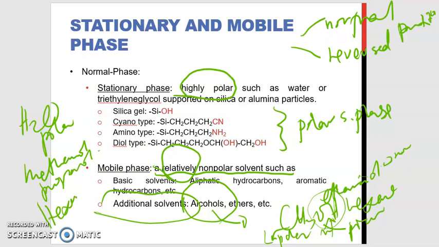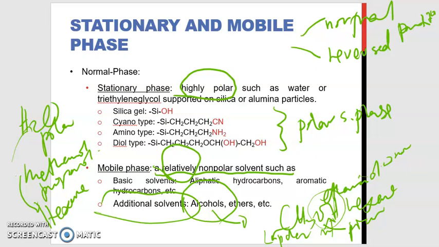Boleh juga, because hexane is very non-polar. So dia relative, kita comparative. Contohnya, methanol as compared to water, methanol is non-polar as compared to water. However, when you compare methanol dengan hexane, methanol jadi polar, hexane jadi non-polar because it is comparative. Tengok apa yang kita bandingkan.